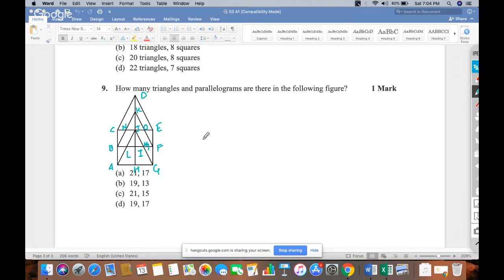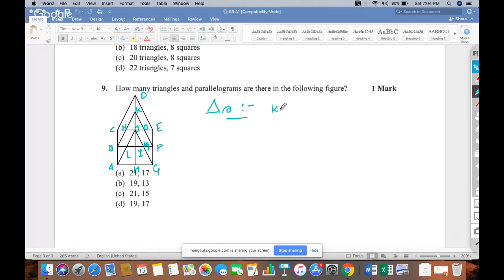Nothing is left out. So if I have to identify triangles, I will always start with the simplest one. How many simplest triangles can you find? So the simplest triangles would be KJN and KJO.